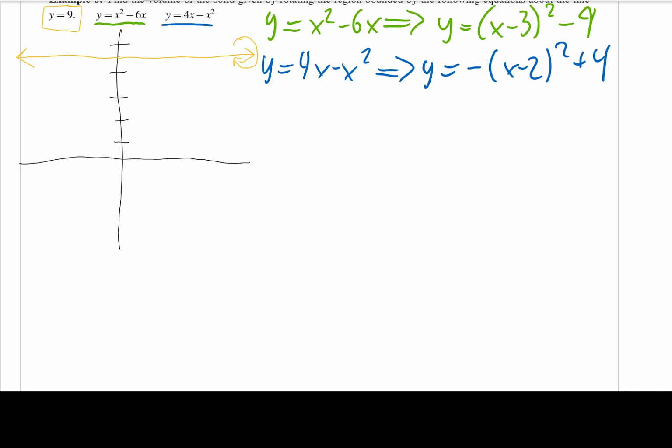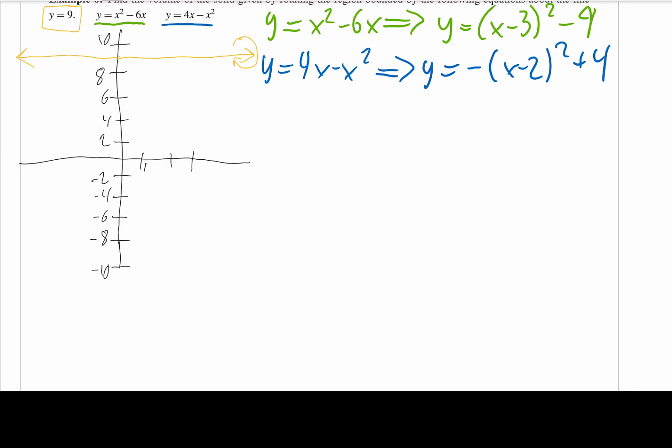So one of them is going to go down 9 and to the right 3 and open up to the top. 2, 4, 6, 8, 10. And let me just remind myself that we're going by 2's. Now we need to go over 3. 1, 2, 3.